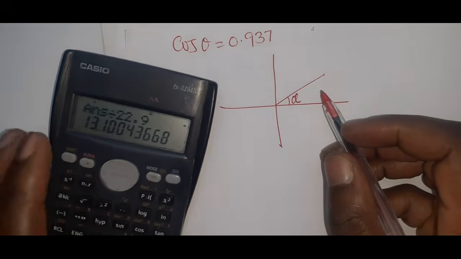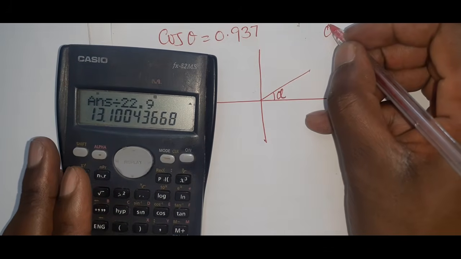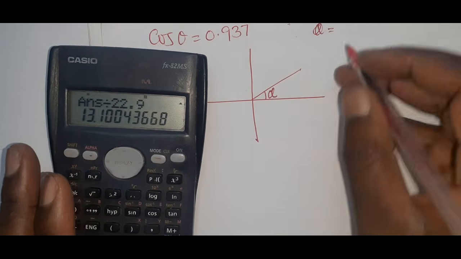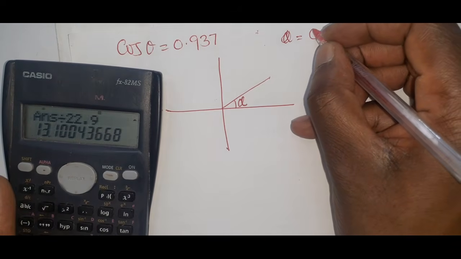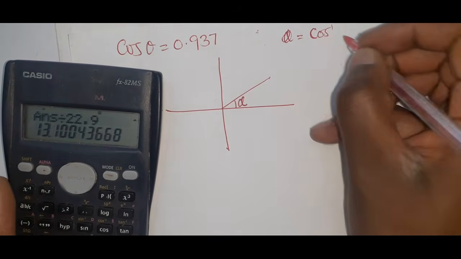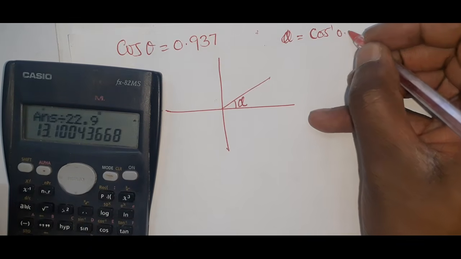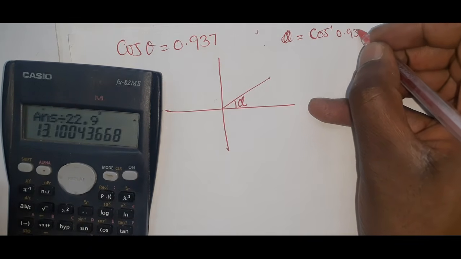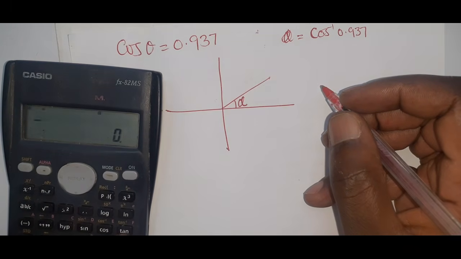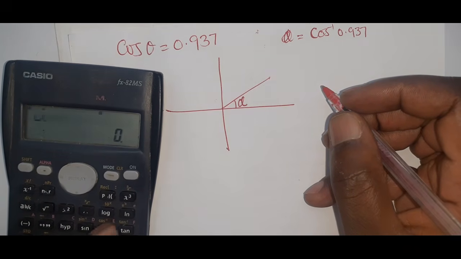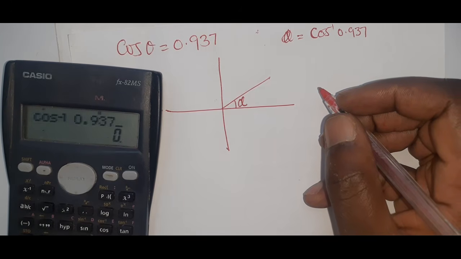So how do we find this angle here? We are going to say alpha is equal to the cos inverse of 0.937.